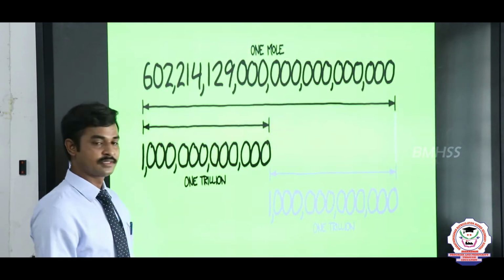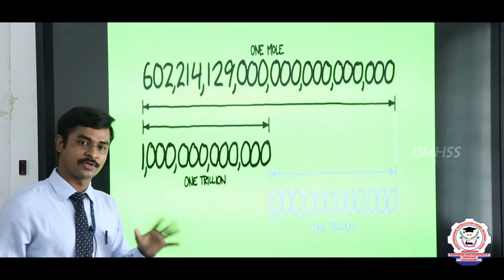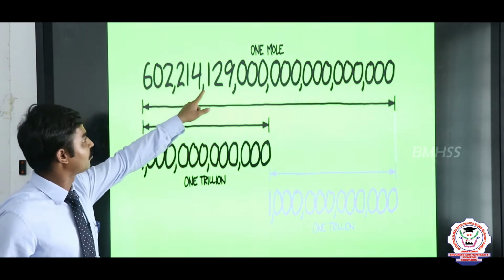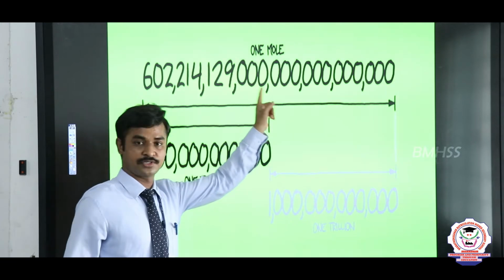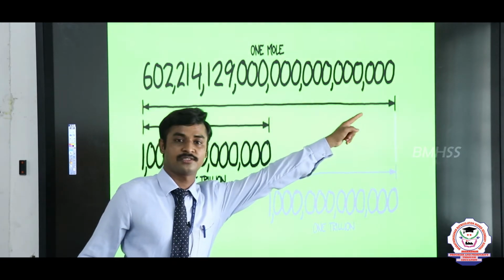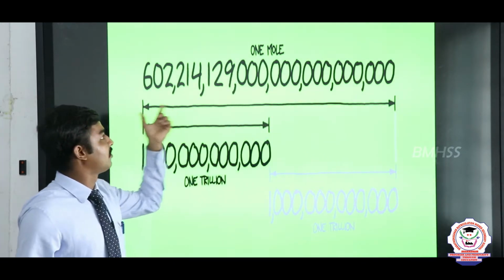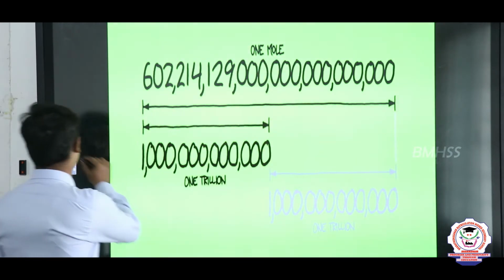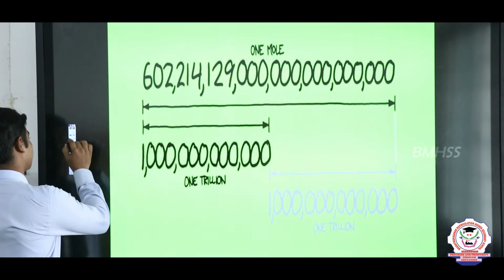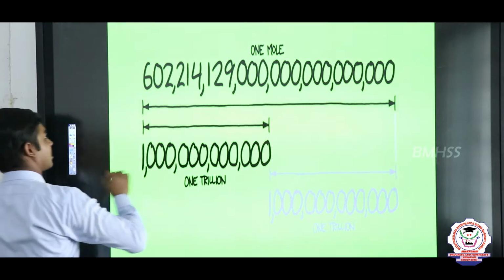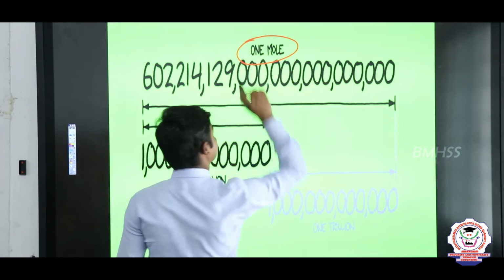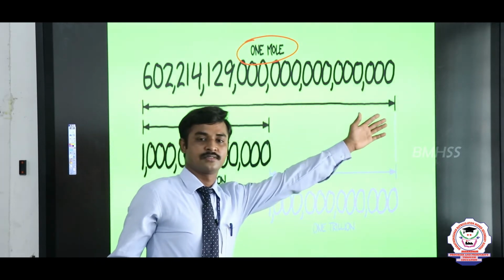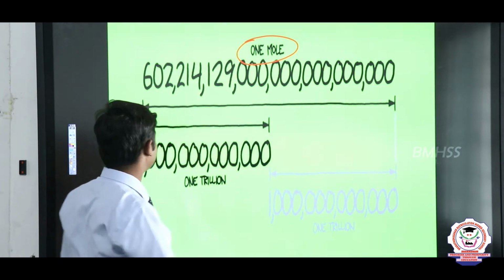How is it possible? Let us say the number 6.022 into 10 to the power 23 is 602214129 followed by zeros, a very large number of particles in a single mole. One mole of a substance contains 6.022 into 10 to the power of 23 particles.